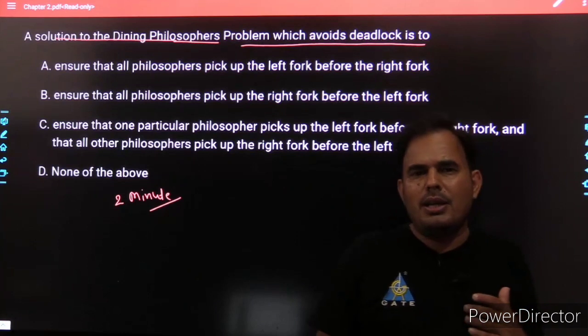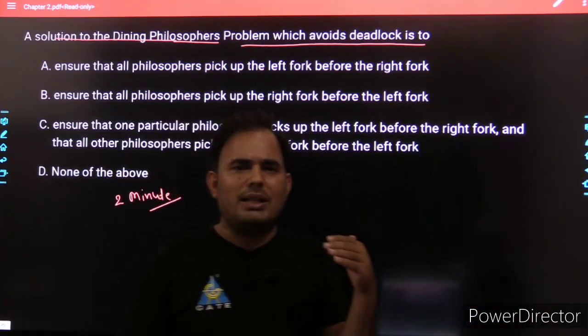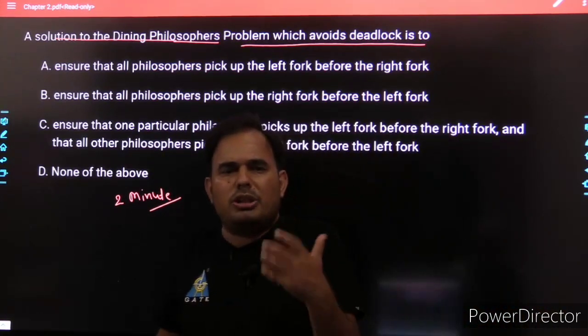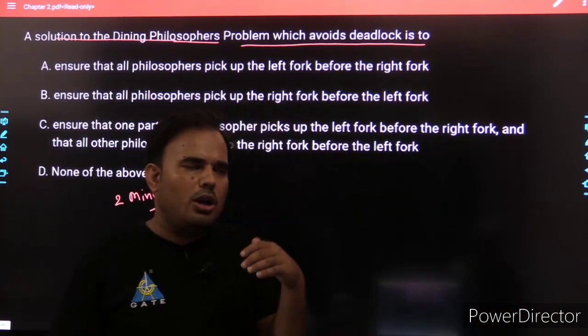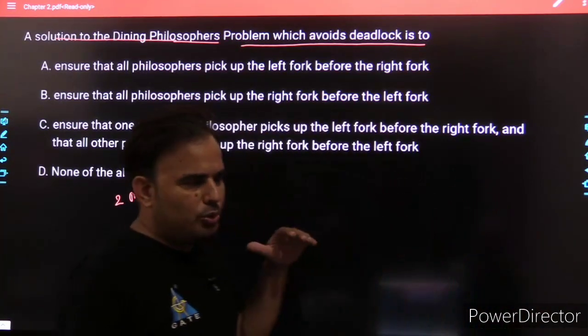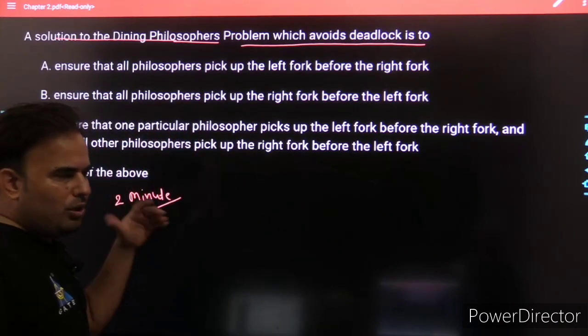So out of 10, 9 are doing the same task and the 10th philosopher needs to do just the opposite of all other 9. So which option is correct according to this?